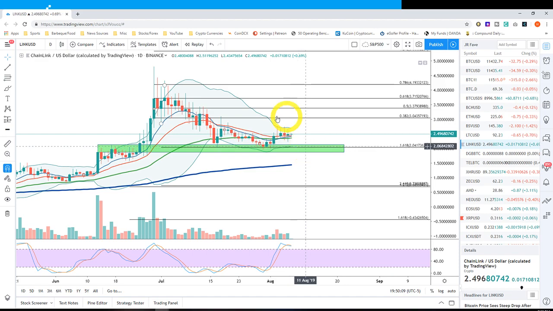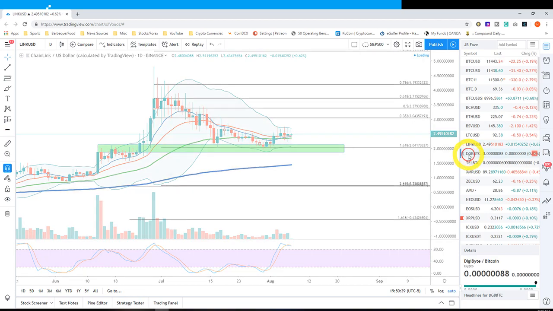It's holding above that. 10, 20, 50 are all lined up right on each other. So I'm expecting a big move at some point pretty soon. I don't know if it's going to be a news related event or a crypto market related event that either brings us down or takes it up. But anyway, that's what it looks like on Link.